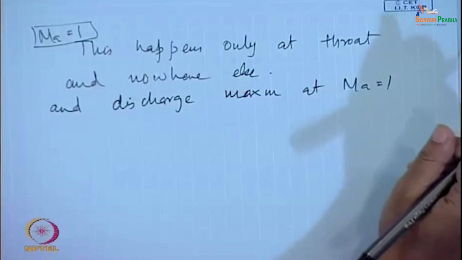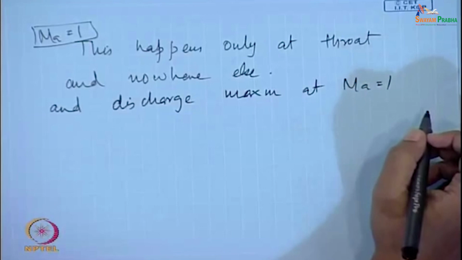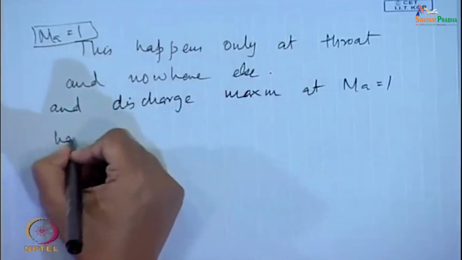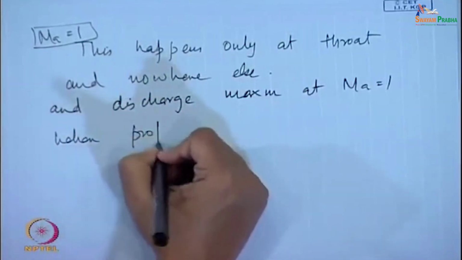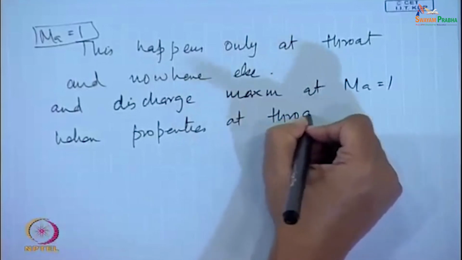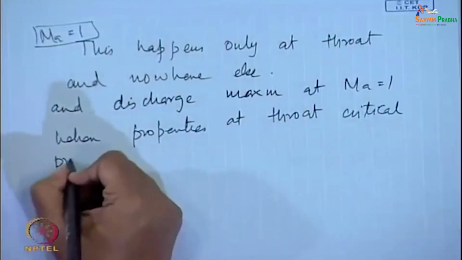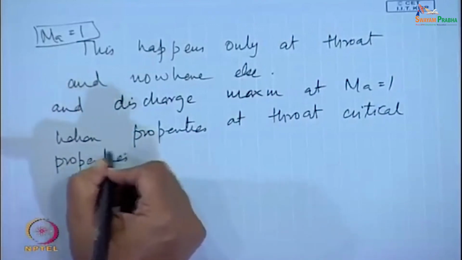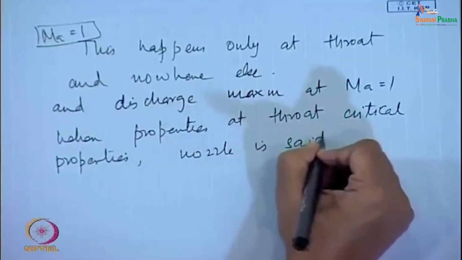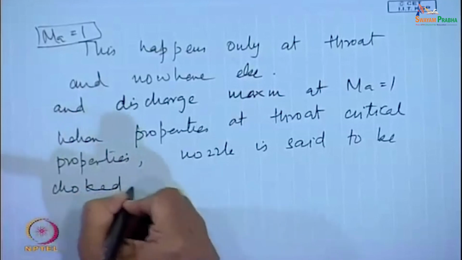So, therefore, we find that properties at the throat can be the critical properties, and when properties at the throat are critical properties, the nozzle is said to be choked. It delivers the maximum flow rate.